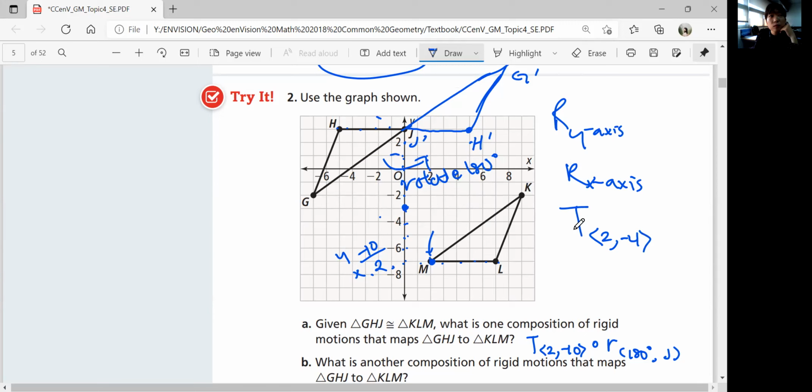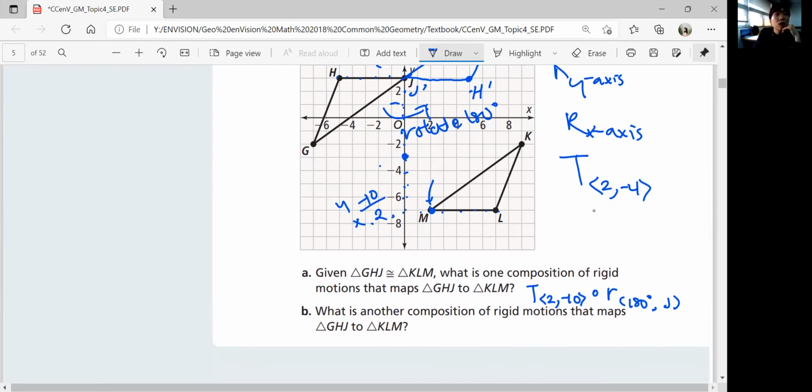Okay. And don't just check one point, check other points so that all other points are on track. Okay. So yeah, you can do translation (2, -4) of reflection x-axis of reflection y-axis.